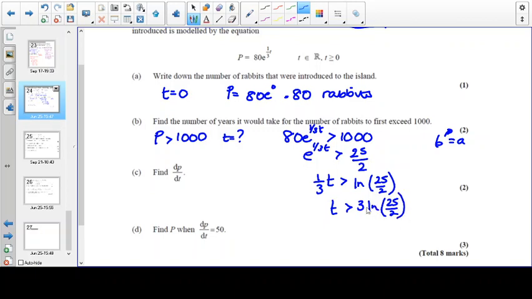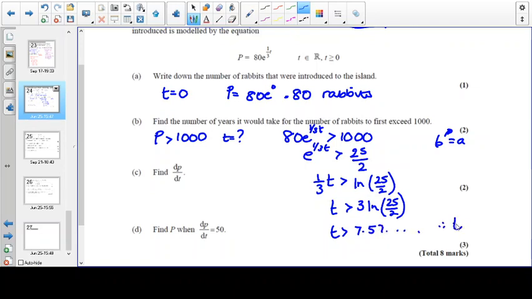I'm not going to leave it like that because we're interested in the number of years it would take, so we want the first integer that goes above that. 3 times log of 25 over 2 gives t greater than 7.57 and so on.